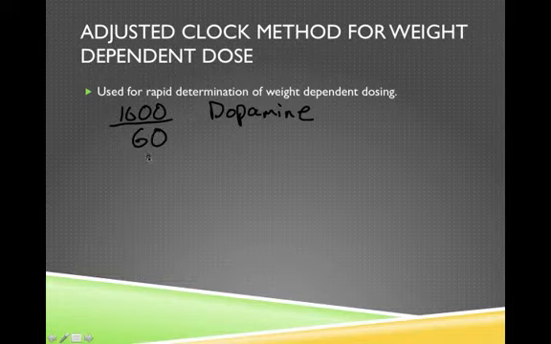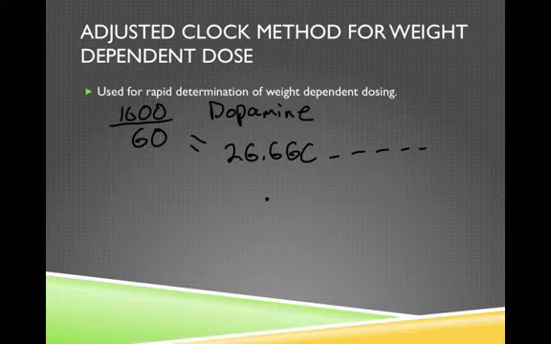Now, 1600 divided by 60 is going to give us 26.666... This is going to go on for a while. So what we've just figured is how many micrograms are in each drop of our actual IV drip set.